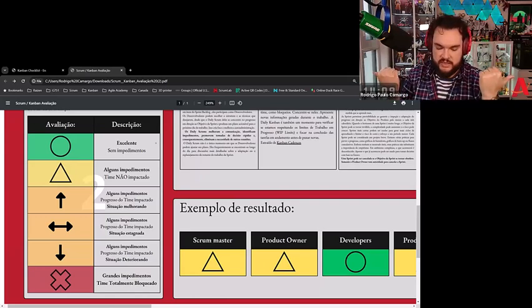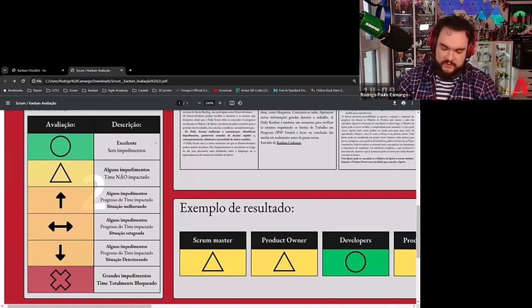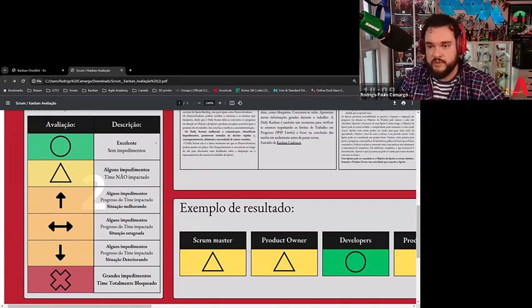Arrows to the sides means we have some impediments, progress is impacted, but we are basically stagnant. And down means we do have some impediments, progress is impacted, and the situation is going down. And the yellow one is we do have some impediments, but the thing is not impacted. So it's like, I have some problems, but probably we don't need to treat it right now.